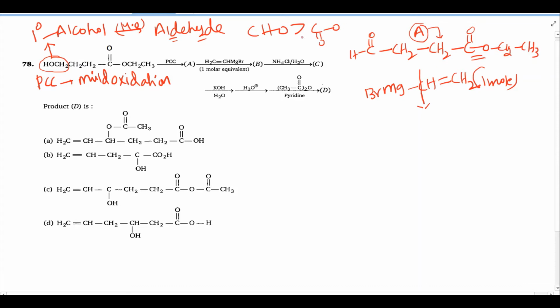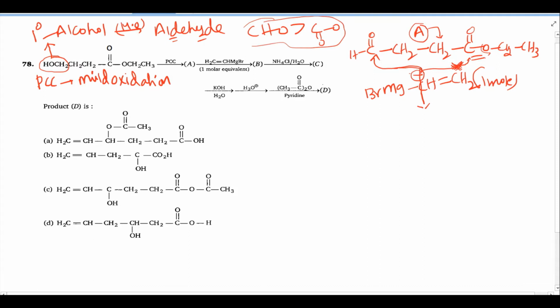This is towards the Grignard reagent. Why? Because of the free carbon, the nucleophilic addition is easy. Here there is a little bulkiness, so the attack is hindered.